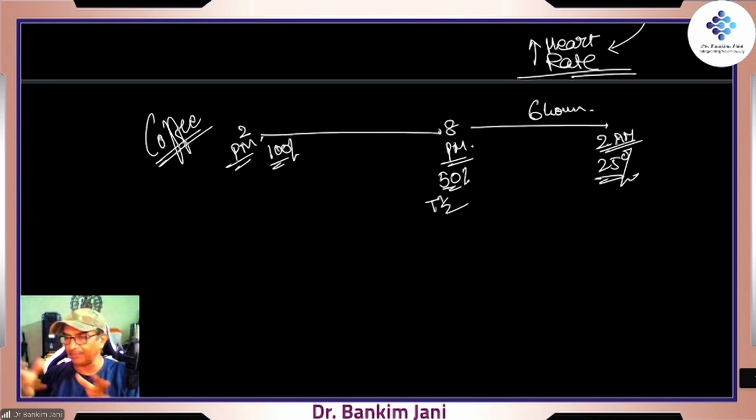Say for example, someone is on OCP, oral contraceptive pills, and you give an antibiotic. It is like a young married female on OCP, and suddenly she comes and tells you that she is pregnant.